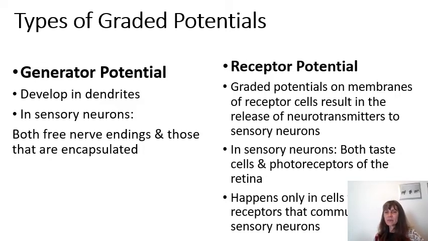We see receptor potentials occur with cells not only in the skin, in the epidermis, but also those cells involved in taste, as well as photoreceptors found in the retina of the eye. Receptor potentials only happen in cells that act as receptors, which in turn communicate with sensory neurons.